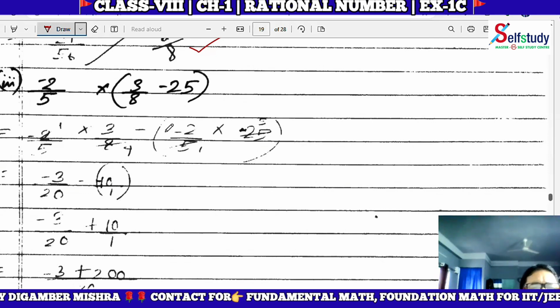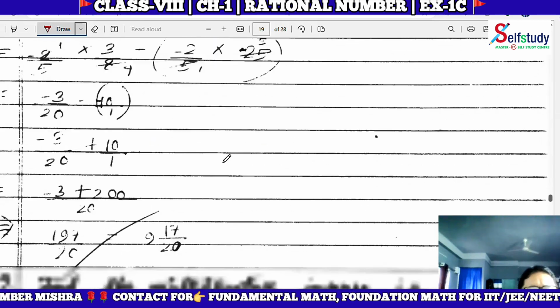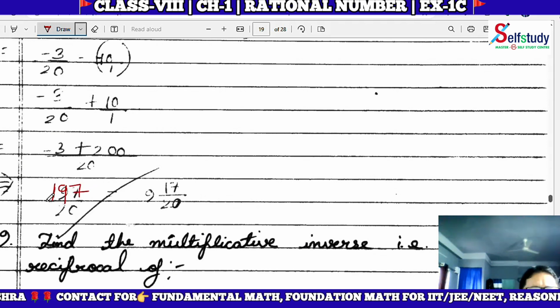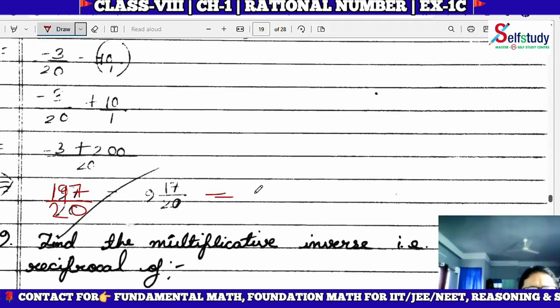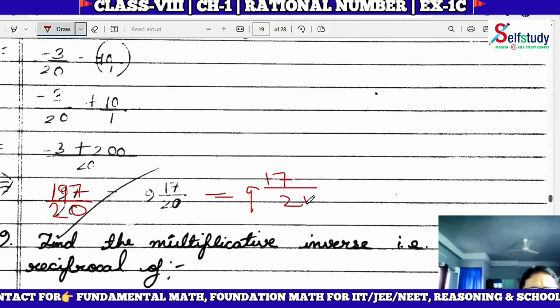In the same way you can open the bracket as it is shown here on your screen, and the answer is coming, what? 197 upon 20, and if you convert this into a mixed fraction, then it will come 9 whole 17 upon 20 is the answer.